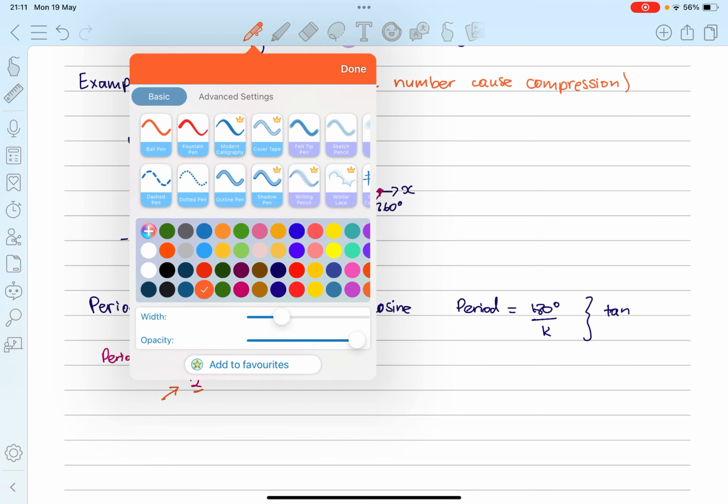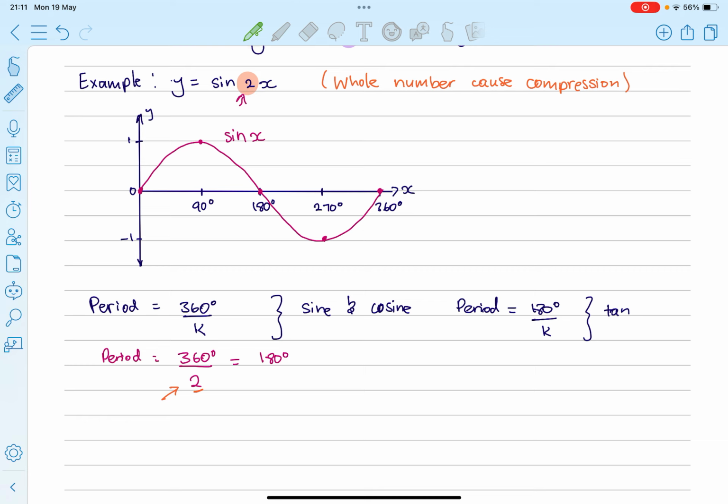So what is going to happen is that, let's pick a green, we're going to basically divide each coordinate by 2 so that we can get the new graph that fits within 180 degrees.